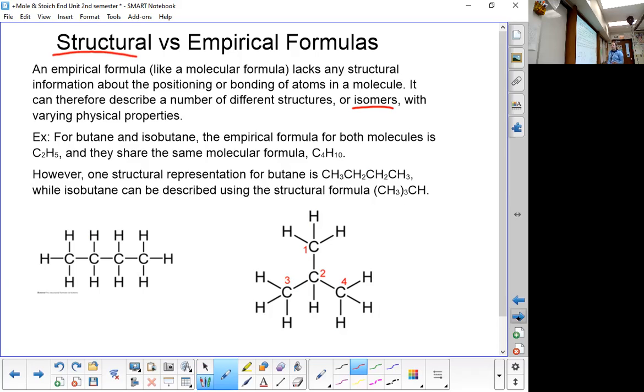As an example here, we've got butane, which is C4H10, and butane and isobutane, these two structures here, both contain 4 carbons and 10 hydrogens. Their empirical formula, the lowest whole number ratio, is C2H5, meaning if you did the molar mass of both of those and got the percent composition of C2H5 or C4H10 or any multiple of C2H5, the carbon and hydrogen ratio would be the same.